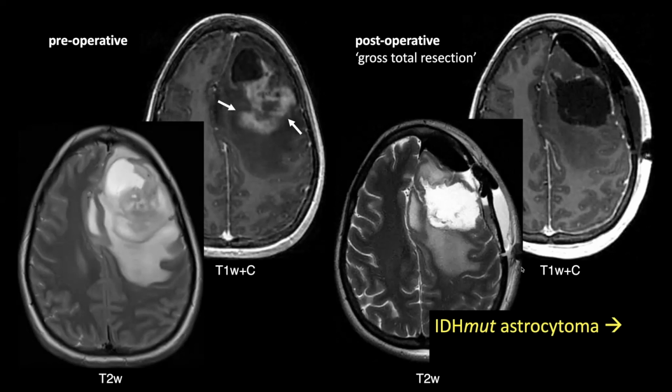And therefore, instead of thinking that we had a gross total resection, we actually didn't have a gross total resection at all. There is a very large residual tumor. So you either would have to then go back and resect if you think that's possible. If it's not possible, then maybe this patient shouldn't have had a surgery at all, because it's basically not helpful to resect only part of the tumor.